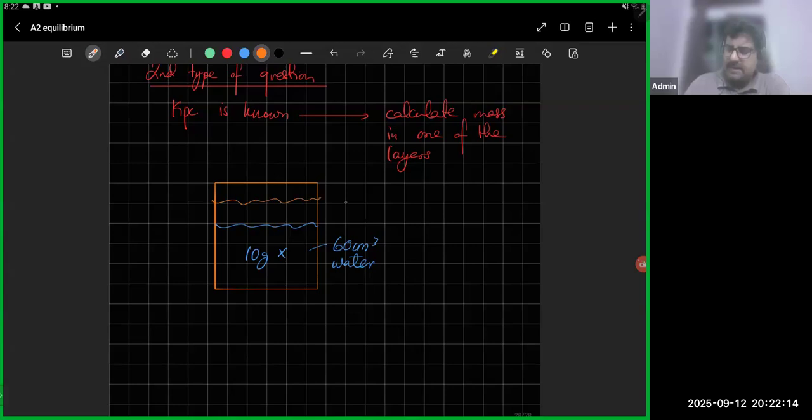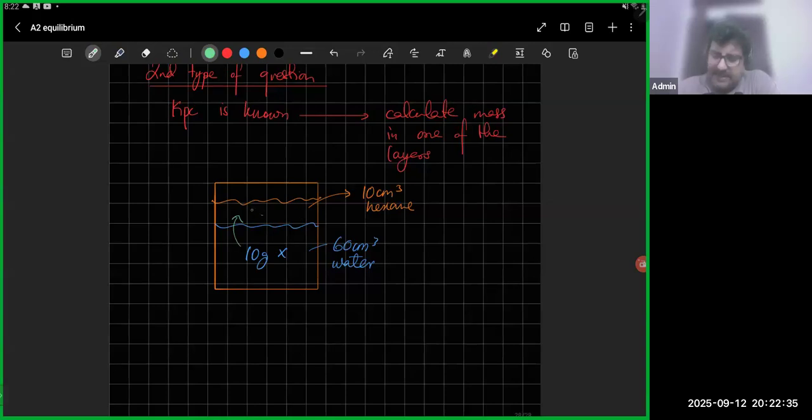So now I add 10 cm cube of hexane to it. Now what will happen is some amount of X will go into the other layer, but I have no idea what amount.